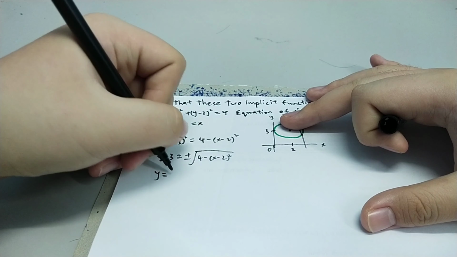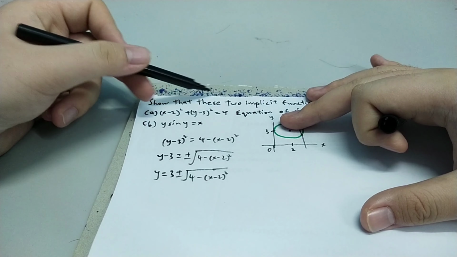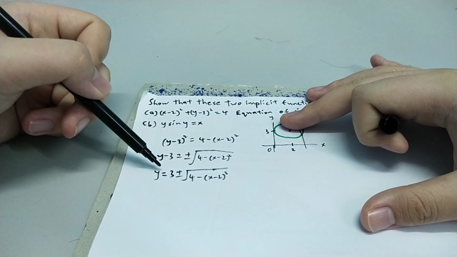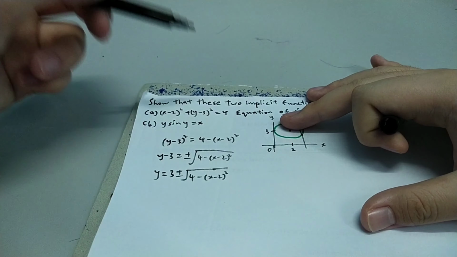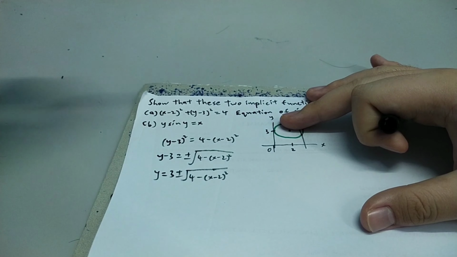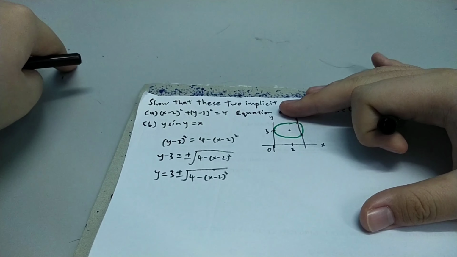Now what we can see is this implicit function is the combination of 3 plus the square root of 4 minus (x minus 2) squared and 3 minus the square root of 4 minus (x minus 2) squared, which means that when we input one value of x, we will have two values of y.